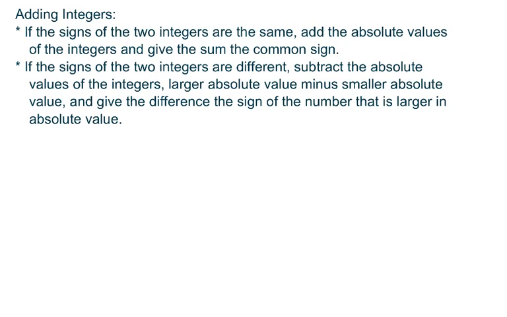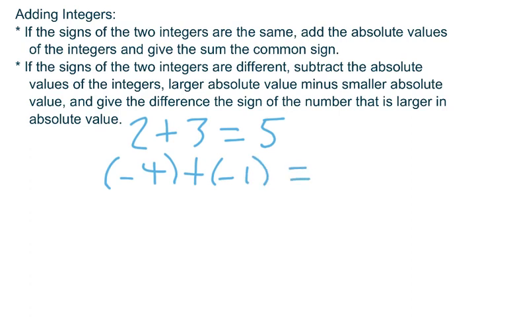A couple of the examples that we had done earlier, we looked at 2 plus 3. Those both have the same sign. They're both positive. So you add the absolute values of the numbers. Absolute value of 2 plus absolute value of 3 is 5. The common sign is positive, so the answer is positive. Another example we did was -4 plus -1.